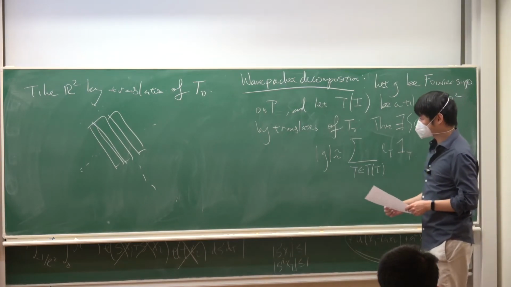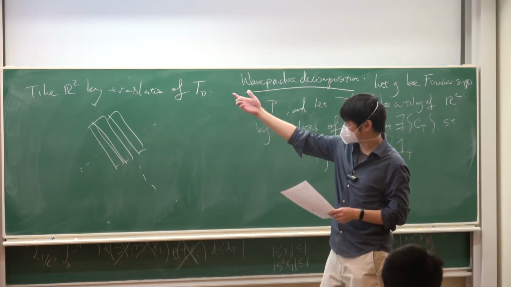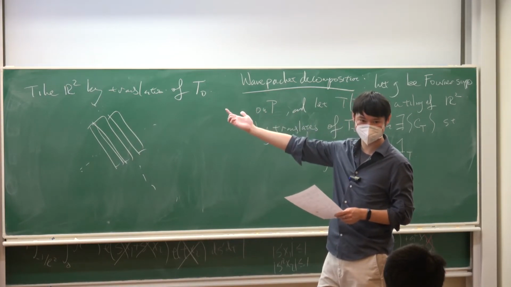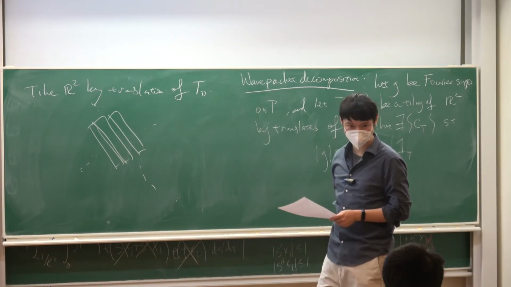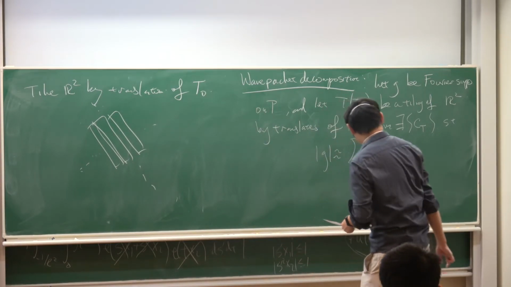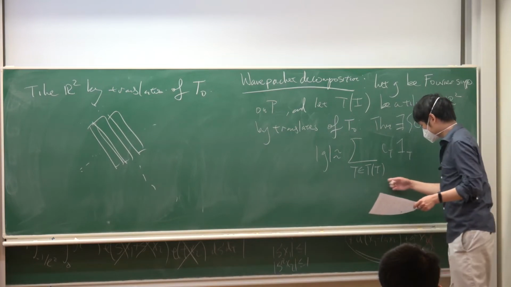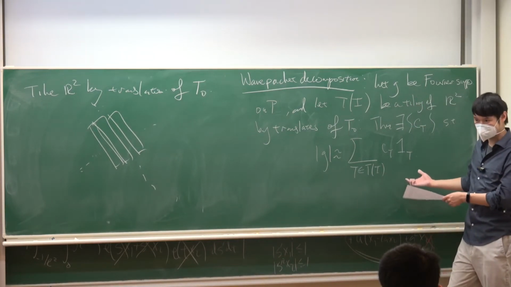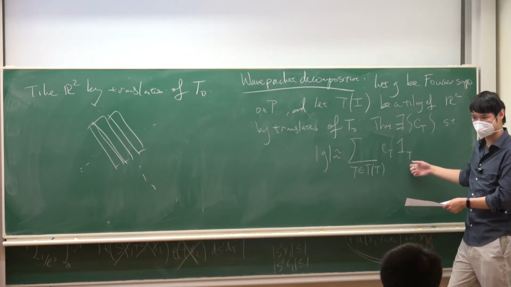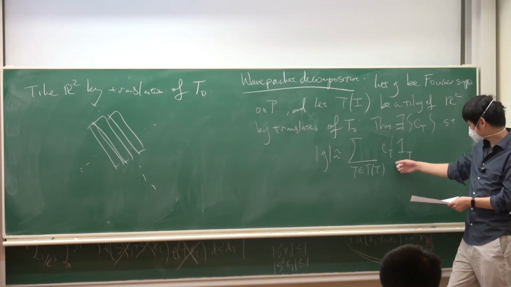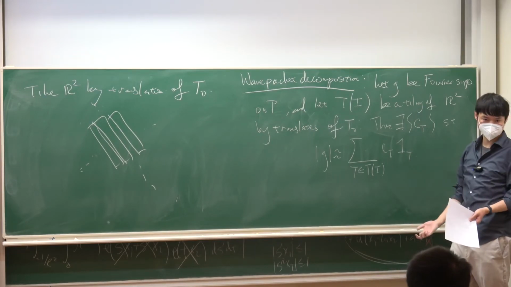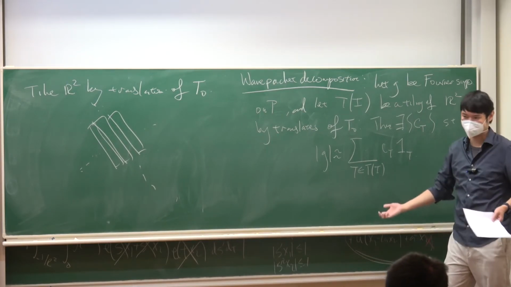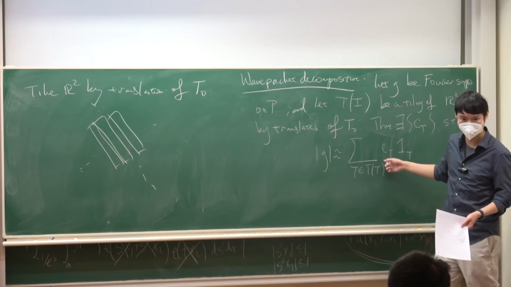And this is useful because it converts Fourier analysis. We almost know nothing about G. It could be anything. The only thing we know is that the Fourier transform lives in P. And what we've done is we've converted it to geometric data, combinatorial data. We now know it's just a bunch of tubes with constants. We don't know what the constants are. We could compute them, but of course those constants would depend on G, and we don't know anything about G, so we don't know anything about Ct.